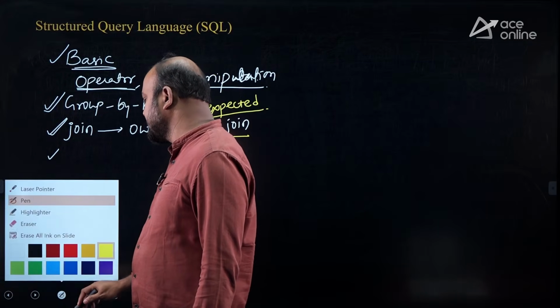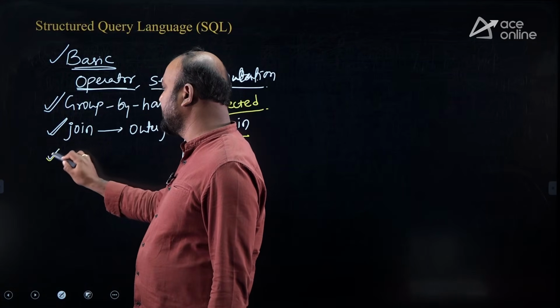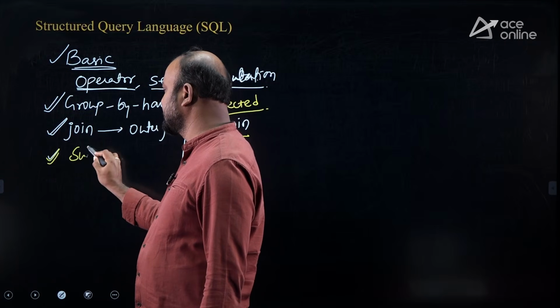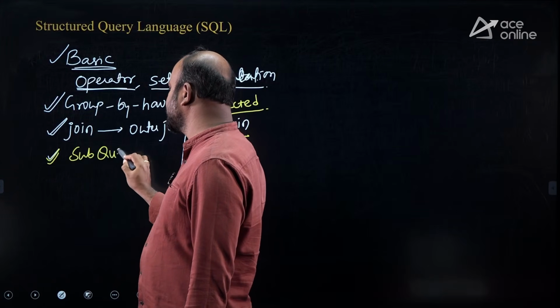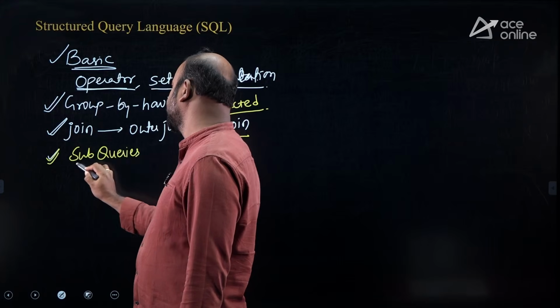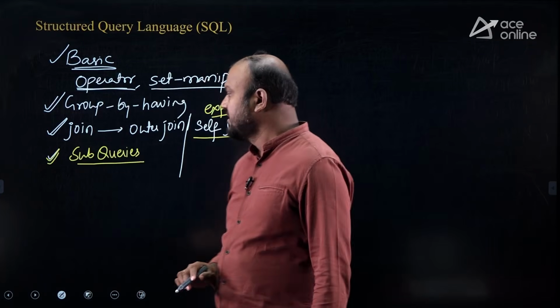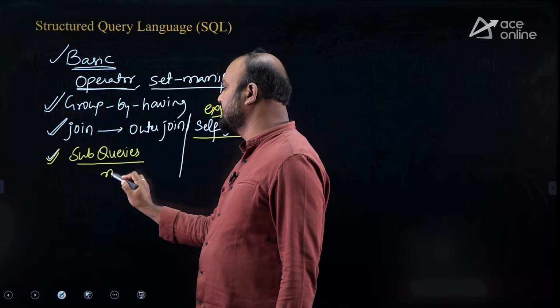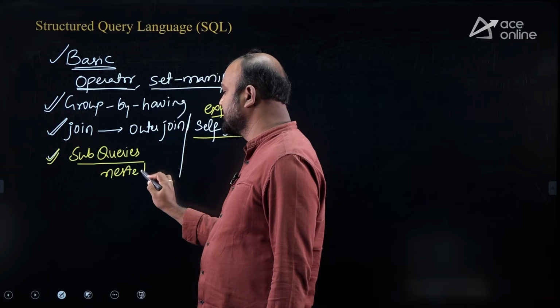And then after the outer join, the more important topic is subqueries. More questions are asked on subqueries. In subqueries we have nested queries.